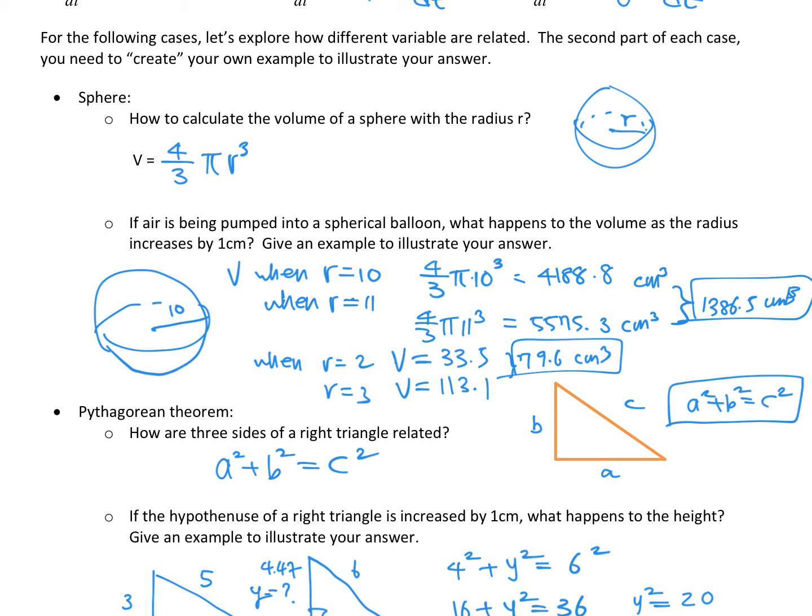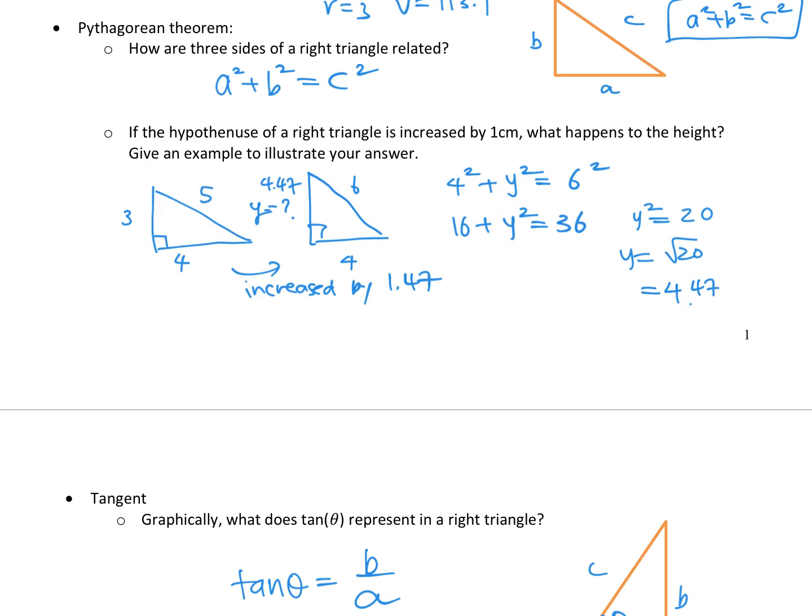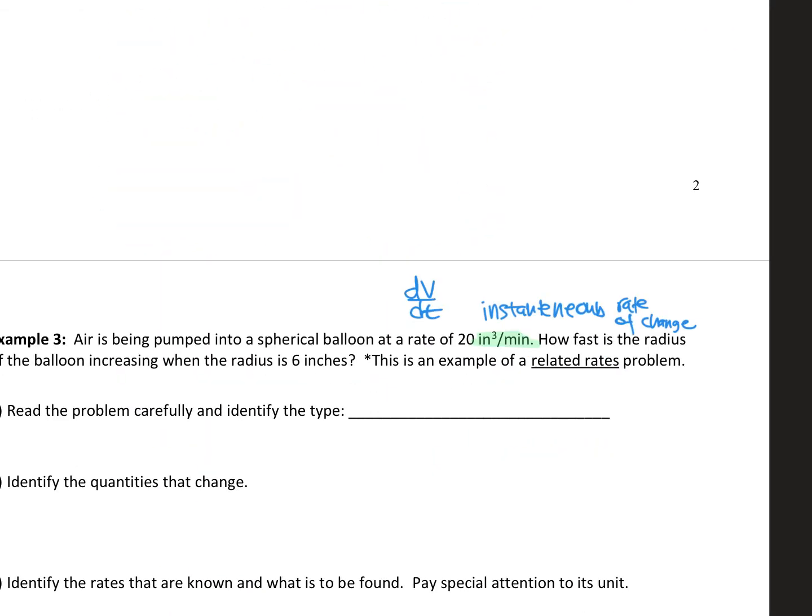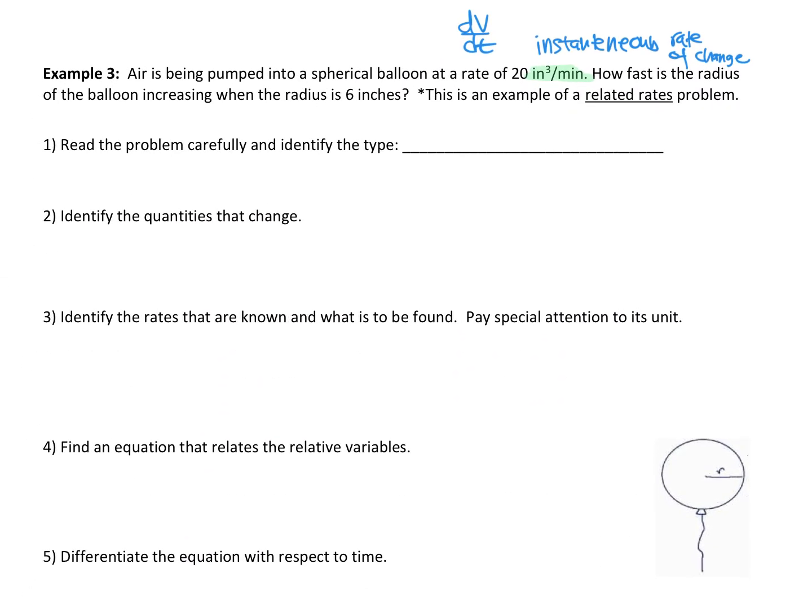That's why in this question too, they're asking how fast the radius of the balloon is increasing when the radius is 6. So we'll find how fast the radius is increasing, then we'll look at a particular radius, right? Same thing here: how fast is the radius of the balloon increasing? That's also an instantaneous rate of change.